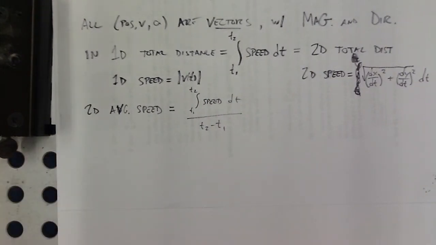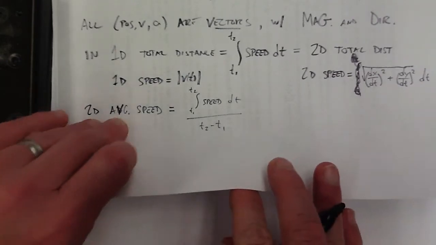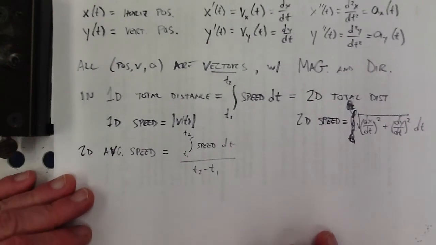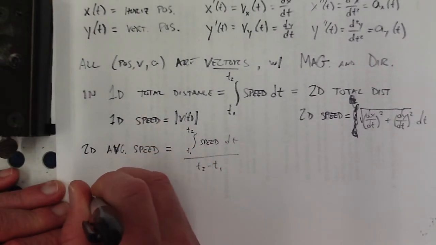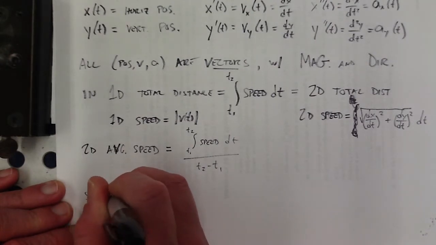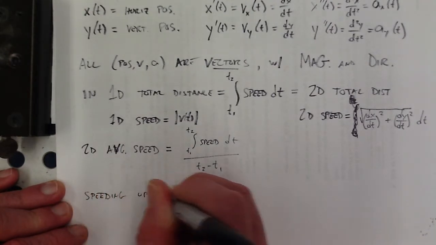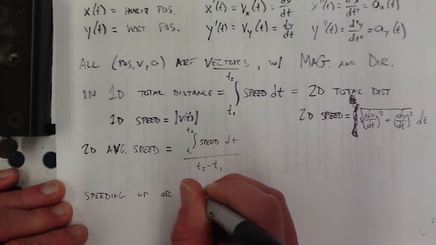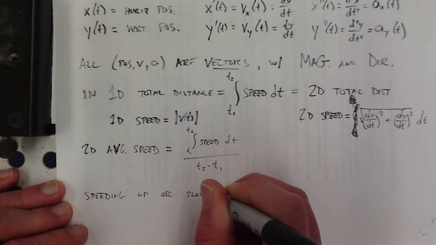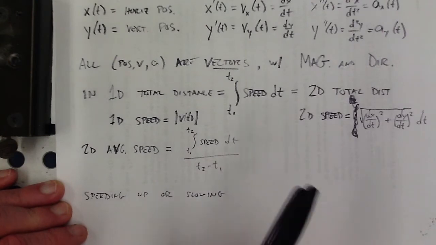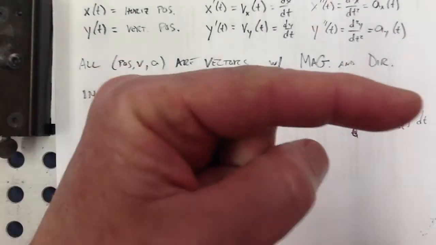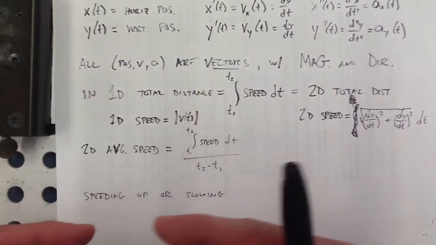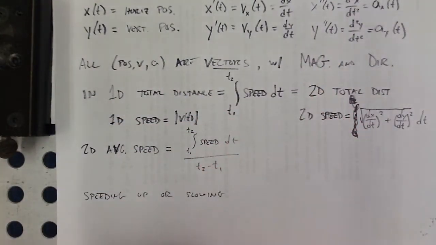And let's see. This is not something that comes up too often, but if you're asked about speeding up or slowing down, you cannot play the same game that we did in one dimension, where you think about the sign of the velocity and the sign of the acceleration, and if they're fighting against each other, it's slowing down, and if they agree with each other, it's speeding up.